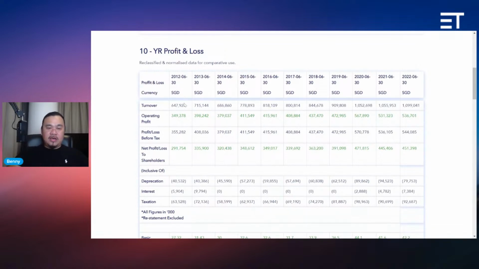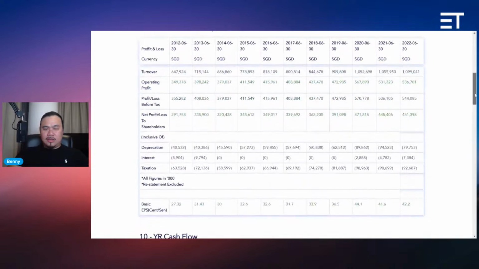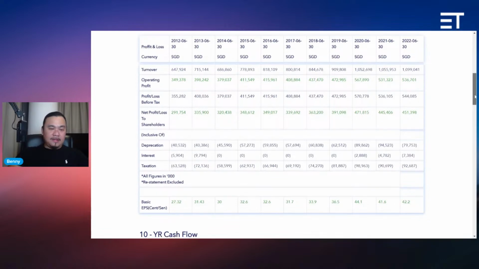Here the turnover 10 years ago was about 650 million, and it's now at about 1.1 billion. Not a double increase like what we have seen in the earlier company. So this is a very consistent company. Net profits have been quite consistent, and in fact, the net profit margin is actually quite high, right?